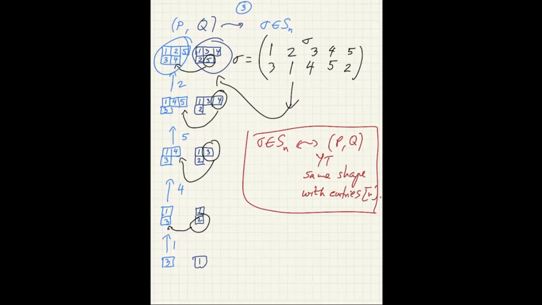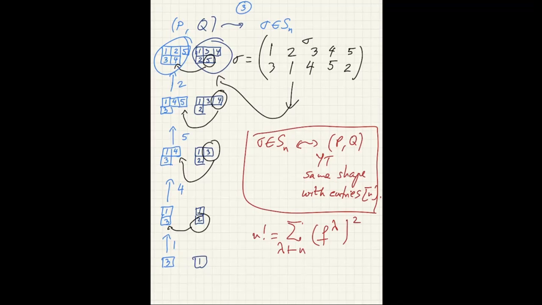And from here, you can get an identity: the number of elements on the left-hand side, which is n factorial, equals the summation of the number of tableaux of the same shape. Let me write f lambda, where lambda is the shape of the tableau, squared, over all lambda partitions of n. So that's an identity that you can get for free from here.